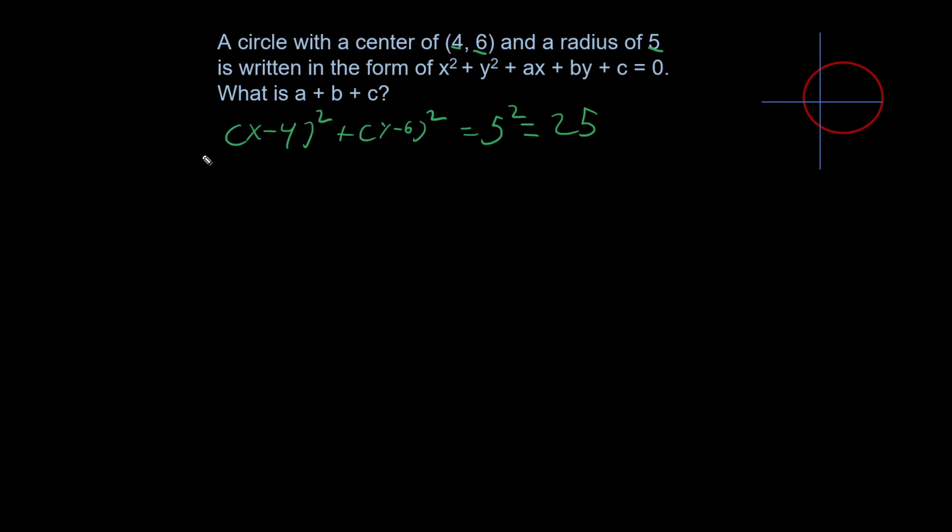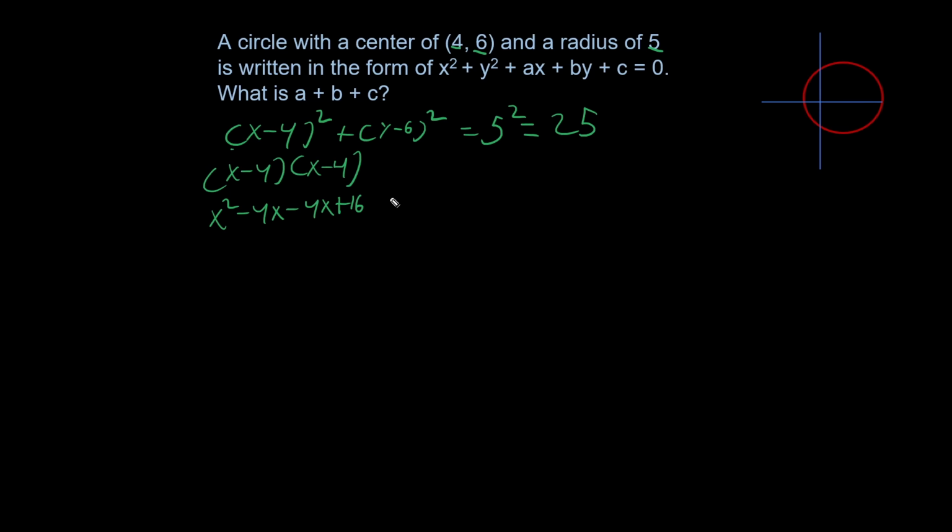And then we're going to rewrite that equation in a new form to match the form we're given in the question. So we'll do (x minus 4) times (x minus 4) because that's what squared is. We're going to FOIL that and get x squared minus 4x plus 16. Good. And then we're going to do the same thing for the y's.